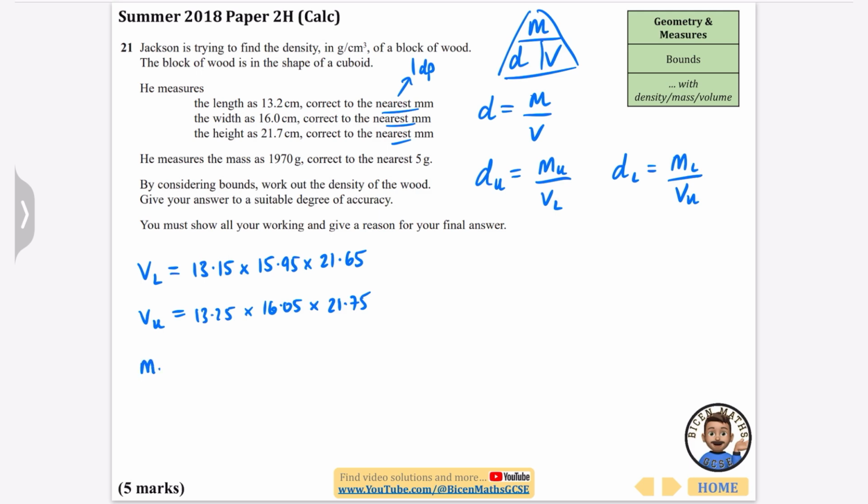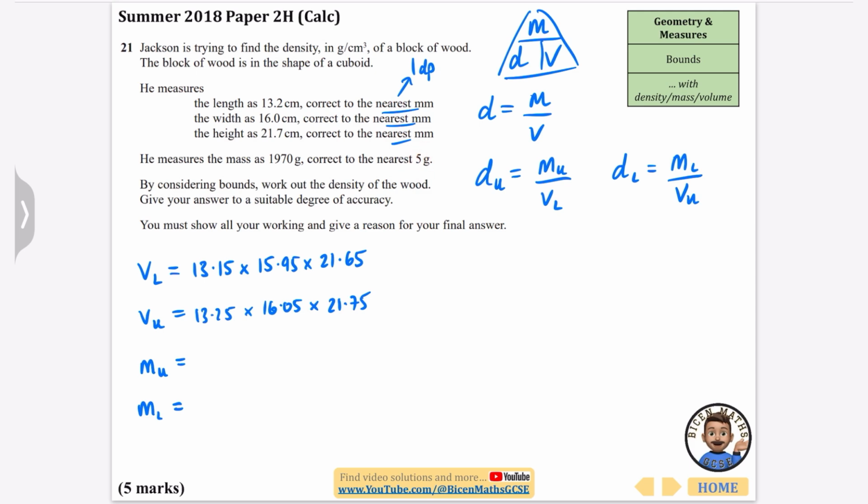I'm then going to find out what the mass upper is and what the mass lower is. So the mass is 1,970 grams to the nearest 5 grams. We're usually going up and down a 0.5 somewhere, but because it's rounded to the nearest 5 grams, we're actually going to go up and down 2.5 grams. We always do a half of what it is that we're rounding to. So here it's like 1 decimal place, we're going up and down half of a 0.1 each time.